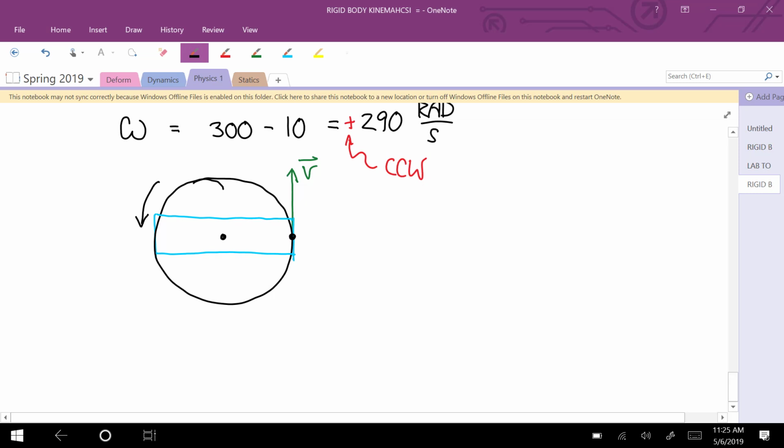And so now we can say that the speed of that point is equal to the absolute value of omega times the distance from the center of the circular motion to the point. So that's 290 times what's the distance from the center of the circular motion to the point? 0.5.